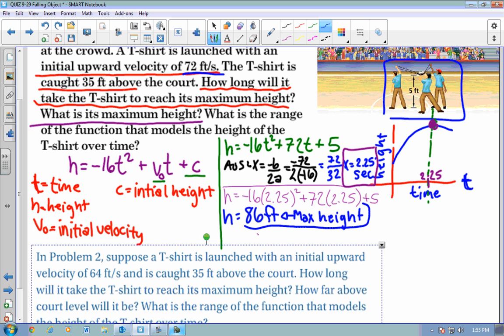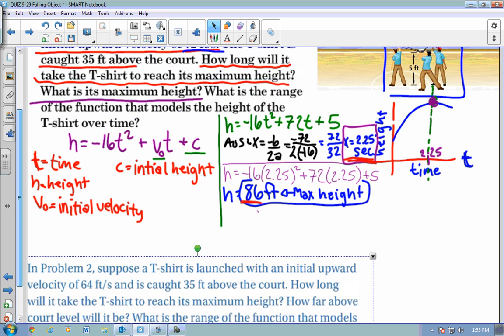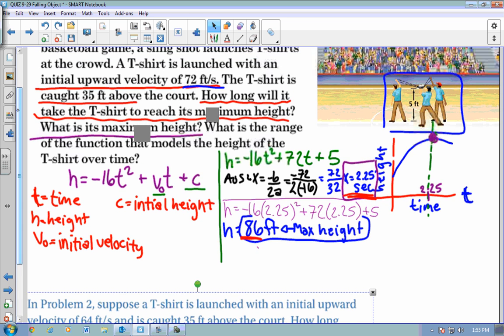Good, guys. And that's actually our vertex. If it asks what is the vertex, it is 2.25, comma, 86. Okay, there's one last question in the problem.